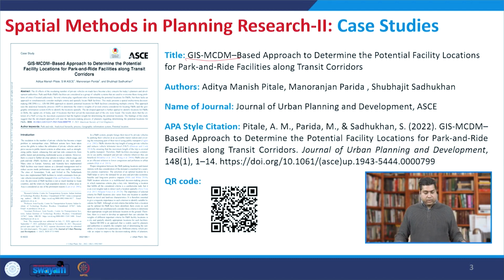The paper is authored by Aditya Manish Petle, Dr. Manoranjan Parida and myself. It was published in the Journal of Urban Planning and Development, a journal from the American Society of Civil Engineers. I have also given the DOI and the QR code to get access to this paper.